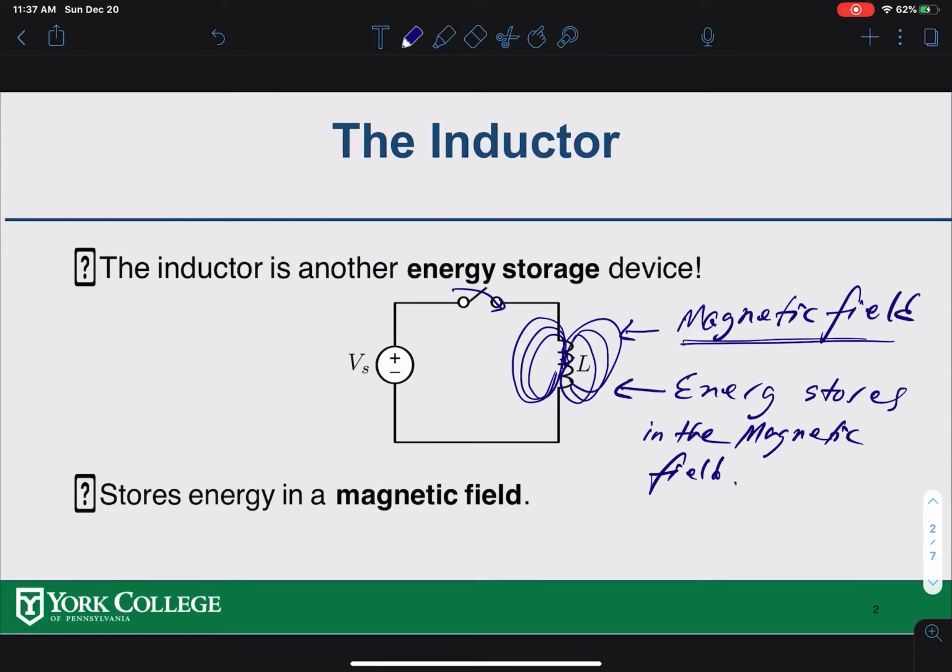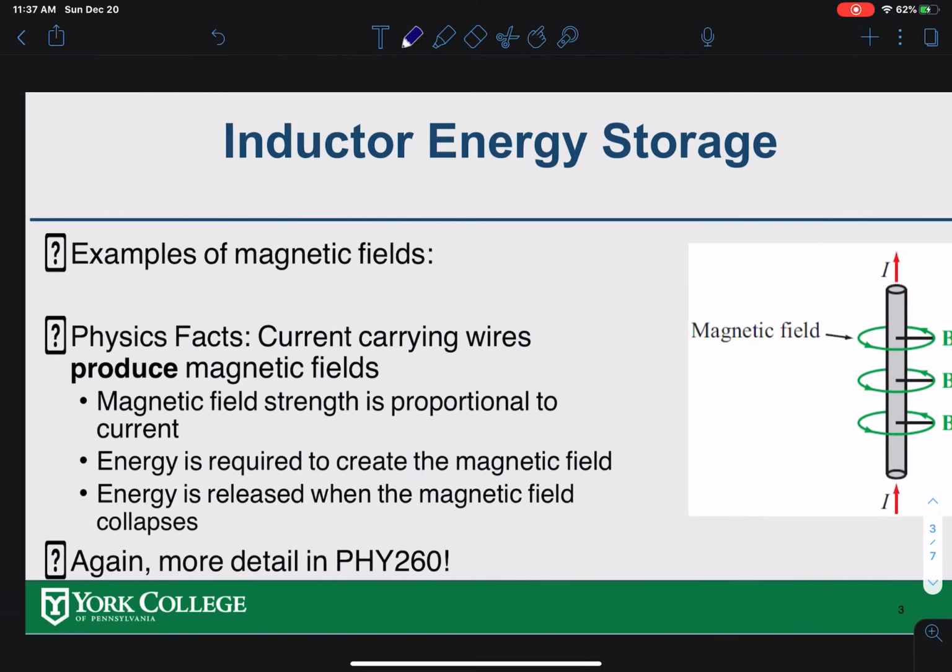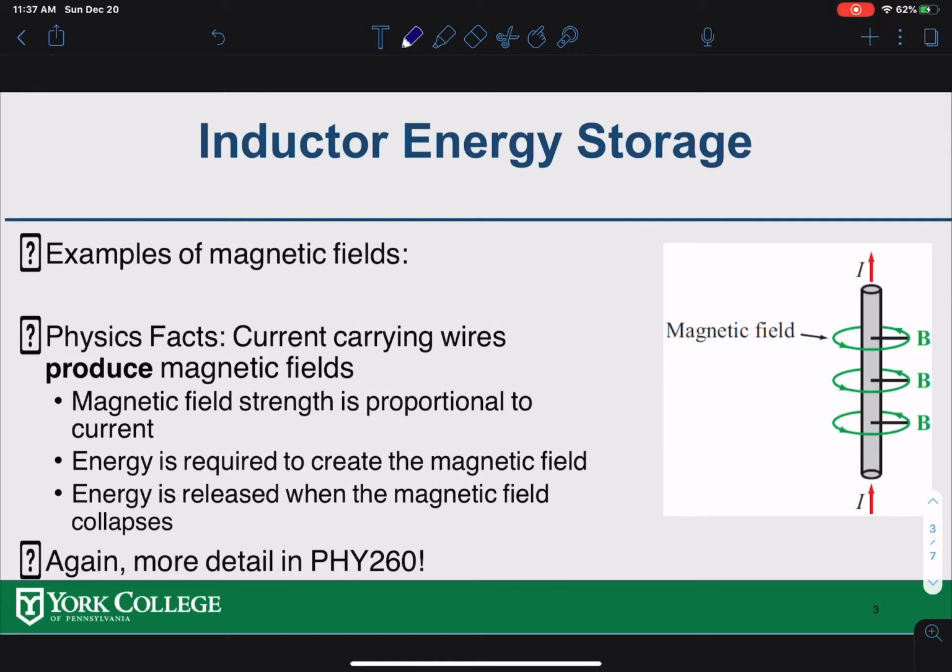It's a very simple idea, but there's a little more physics behind it. We're not going to talk about the physics in this class, but Physics 260 will cover more of how it works in electricity and magnetism. So we're going to leave it here: the idea is that an inductor stores energy in the magnetic field.